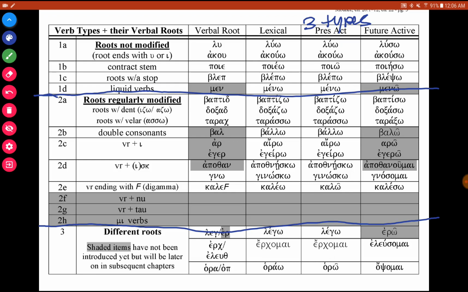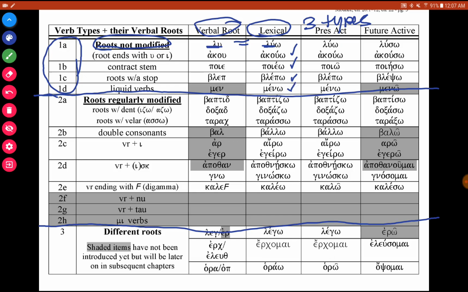The ones that you're most used to is type 1, where the roots are not modified, where the verbal root and the lexical stem are one and the same. So you notice that the verbal root lu is the same as lu for the lexical stem. And the same thing with akuo, same thing with contract verbs like poeo, same thing with many of the verbs that are stops like blepo, and same thing with certain types of liquid verbs like meno.